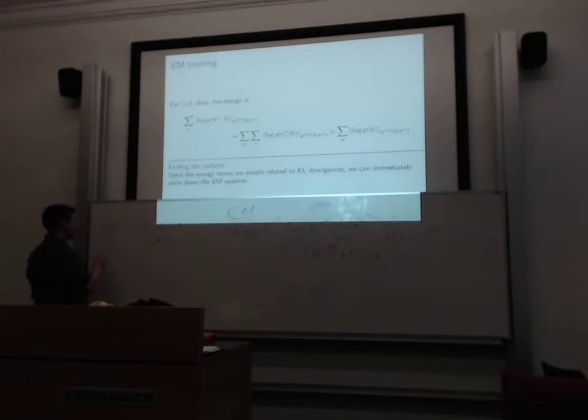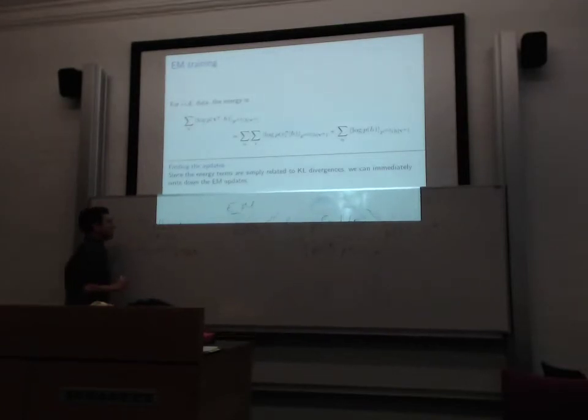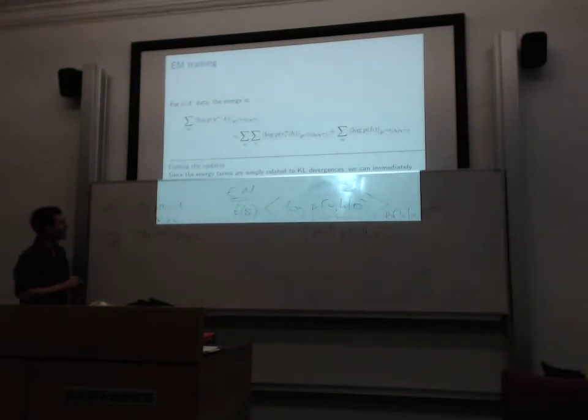Your task is then to maximize with respect to this distribution P of H. You know what I mean, right? Hopefully. The sum over n of the log P of H, P old. Maximize this expression with respect to P of H.